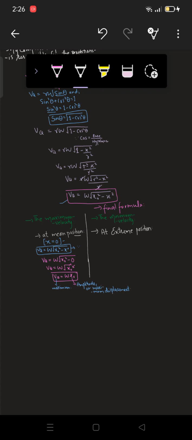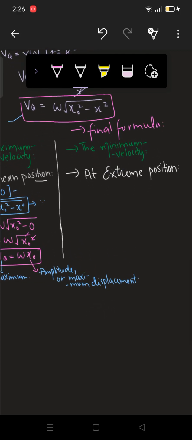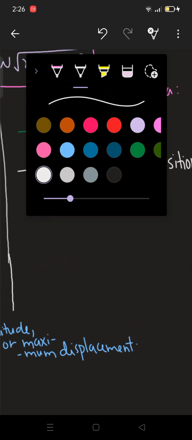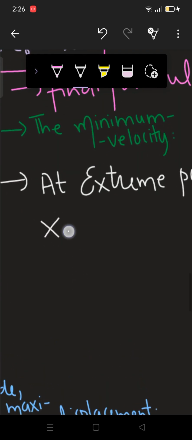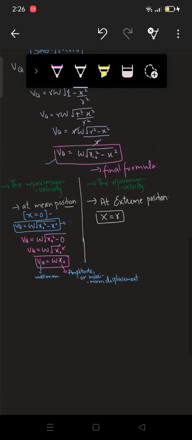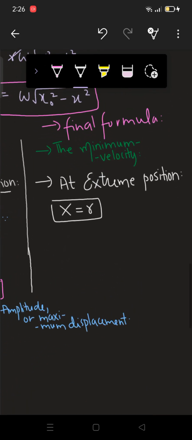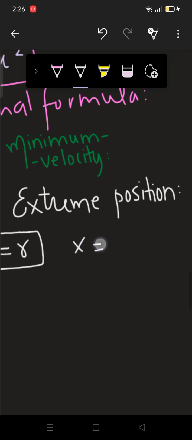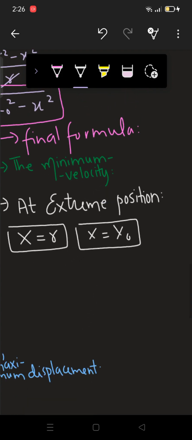So at the mean position we'll have our maximum velocity, and at the extreme position our minimum velocity. At the extreme position x is equal to r, or x is equal to x naught, where x naught represents the maximum displacement, whereas at the mean position x was equal to 0.